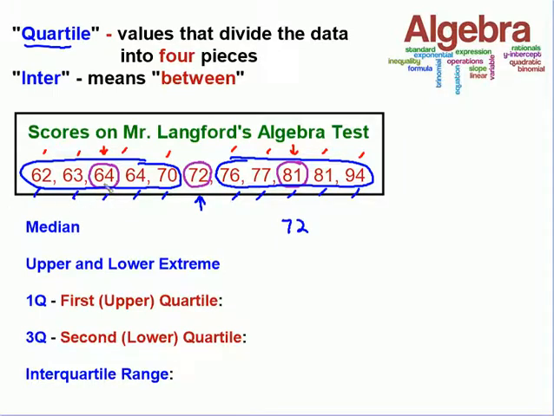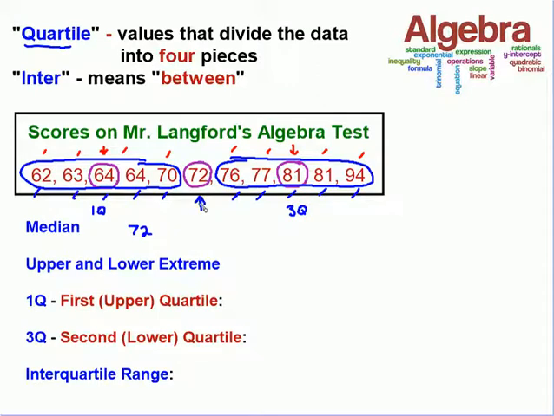And number 64 is my first quartile. We call that 1Q. And over here, I'll erase that 72 to keep it from being confusing. I put it back over here, 72. Now, over on this side, my 81 is called my third quartile.